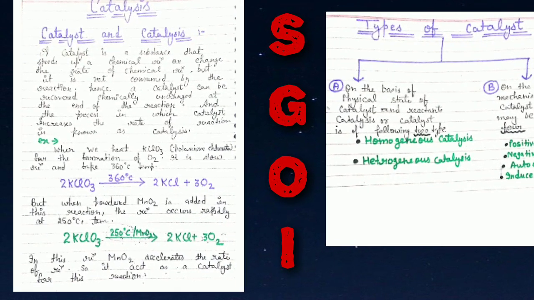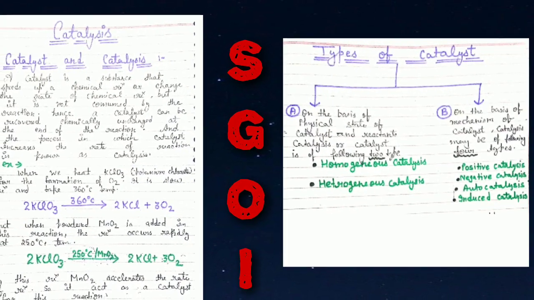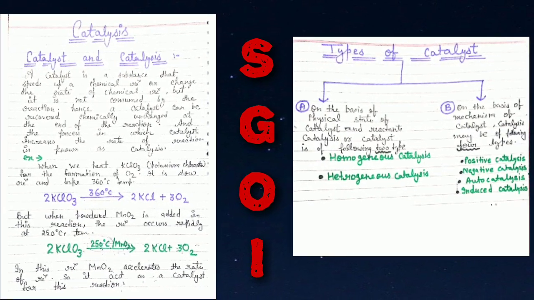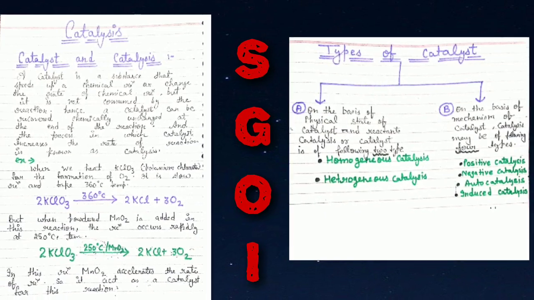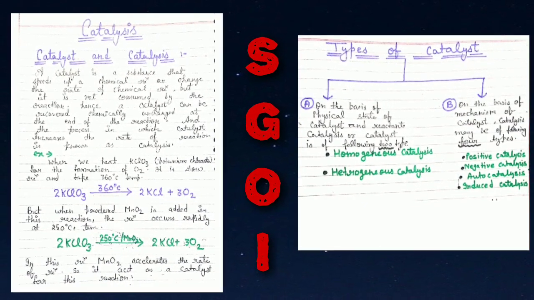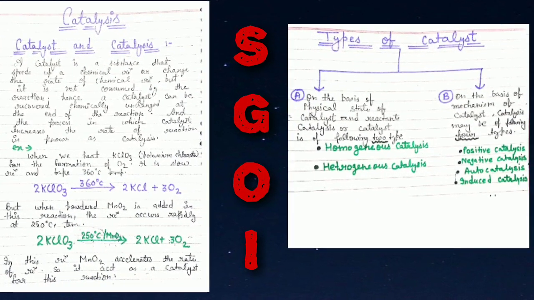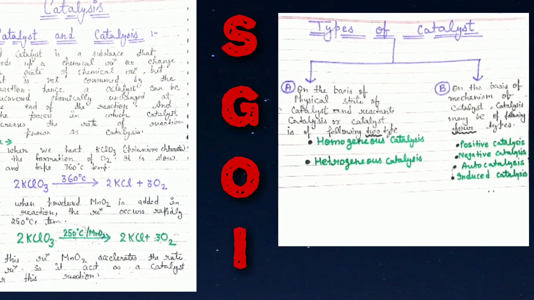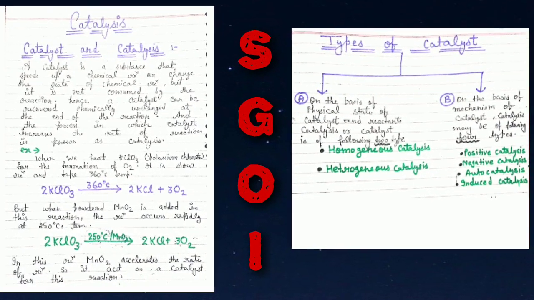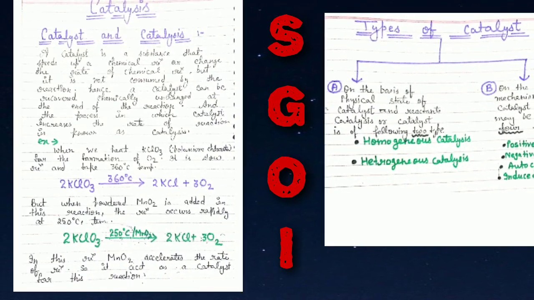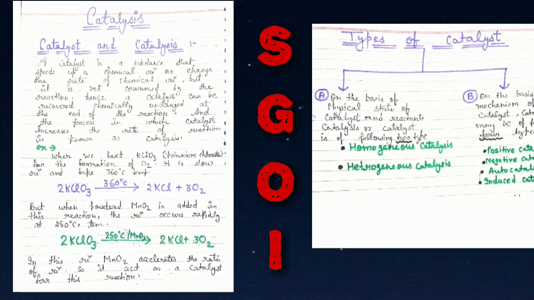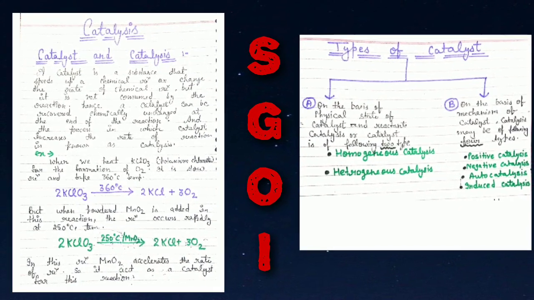For example, decomposition of potassium chlorate is done at 360 degrees Celsius temperature, in which oxygen gas is formed, but the same process proceeds in the presence of powdered MnO2. In the presence of powdered MnO2, the same decomposition is done at 250 degrees Celsius.